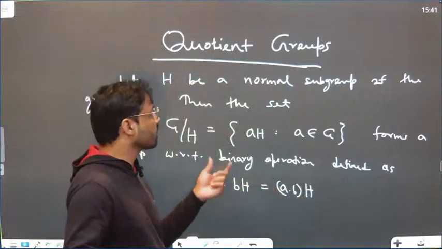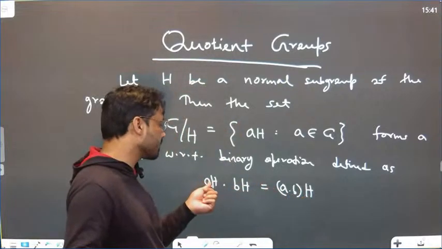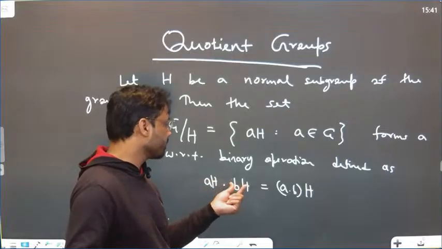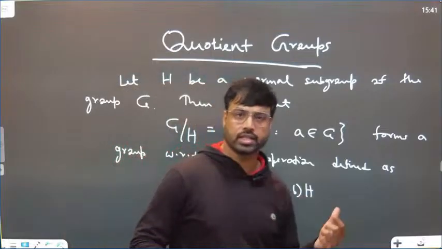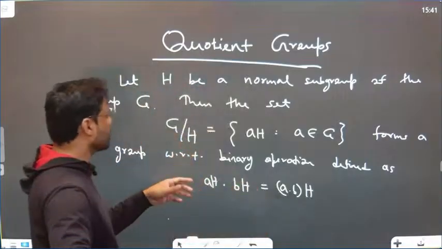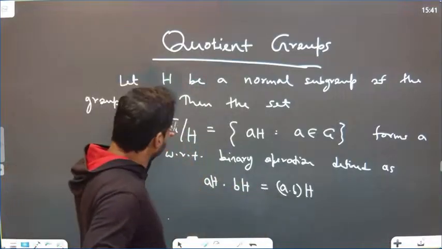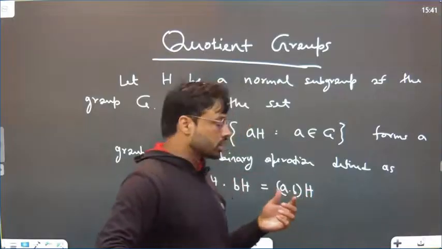If the group is additive, then you take a plus H and b plus H, with plus as the operation. Whatever the binary operation of the group is, that binary operation will also be used here.